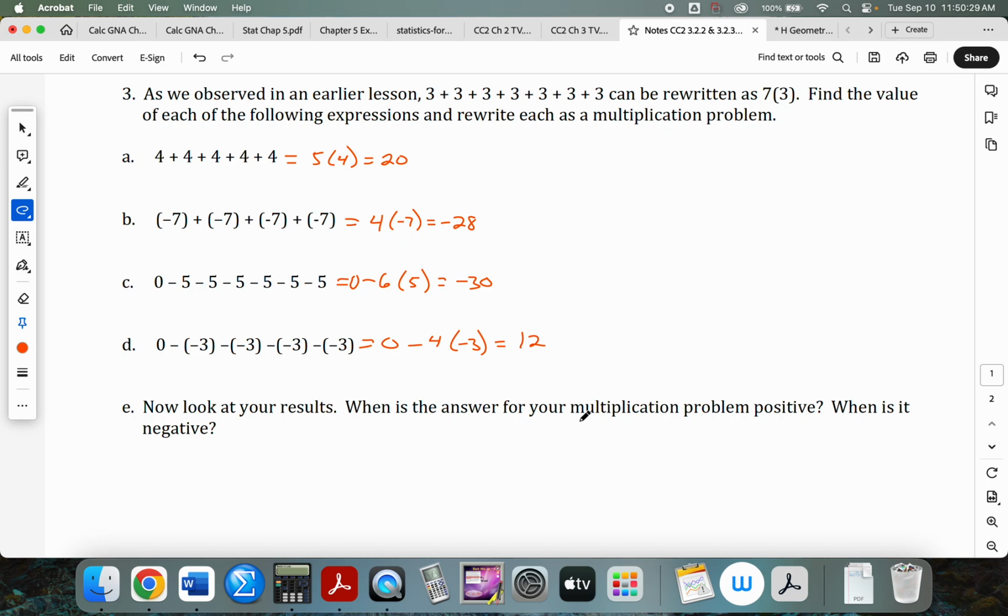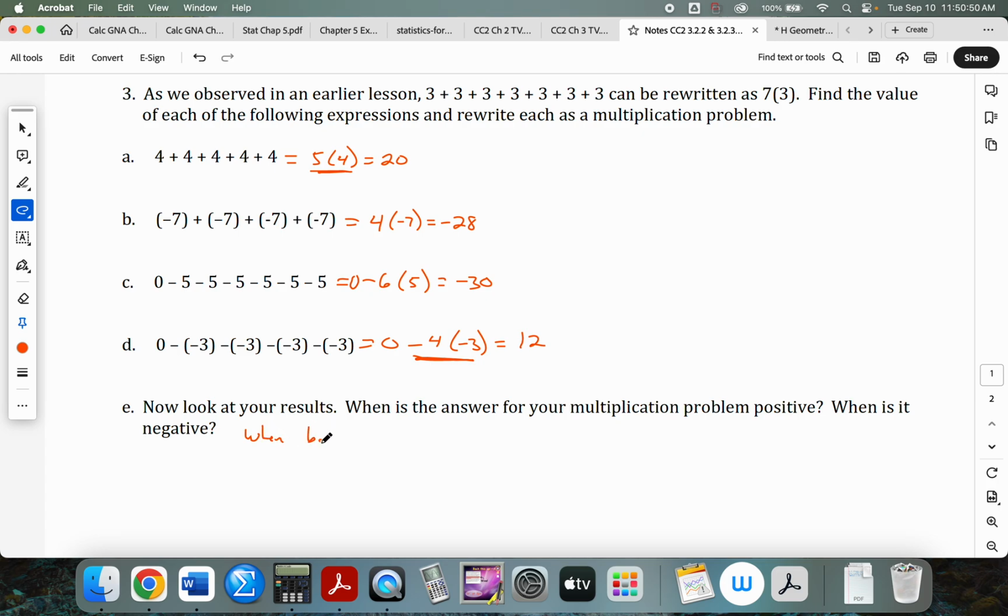So when is the answer for your multiplication problem positive? So I've got a multiplication here and a multiplication here that both turned out to be positive. What do you notice about the two numbers? Yes. Either both positive or both negative. Yes.